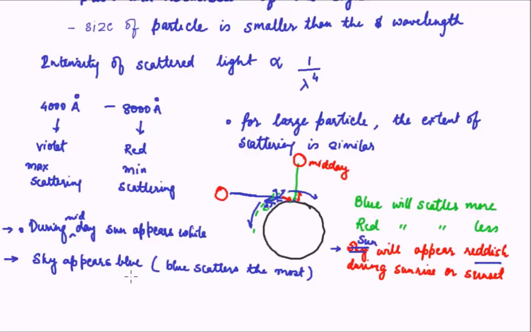Let me explain it from Earth's perspective. See, on Earth, throughout the day the blue is getting scattered more or less, right?